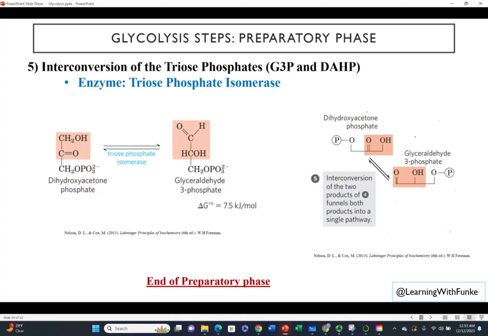It's typically like a rearrangement. So we go from DAP here, catalyzed by this isomerase enzyme, and then we form G3P. You can see it's a rearrangement that happens with the first and second carbon. And so we end up having an interconversion of the two products for subsequent steps downstream.